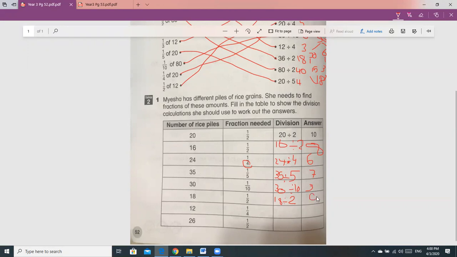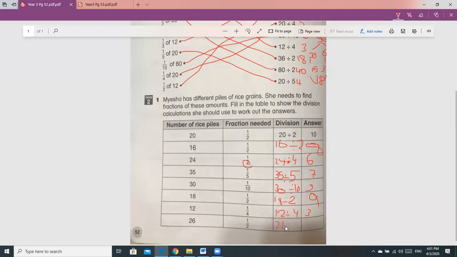Excellent. Here, I'm going to make 12 divided by 4 equals 3.